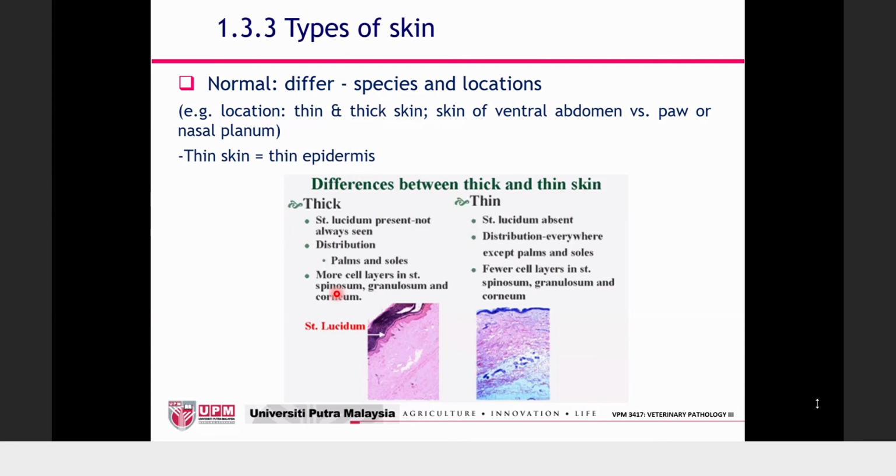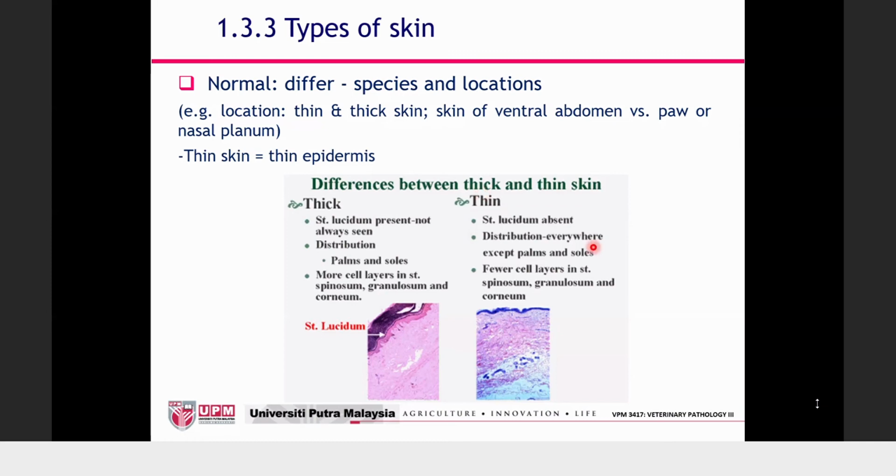Some people say in thick skin there are actually more layers in the stratum spinosum, granulosum, and corneum. But the stratum corneum is definitely thicker in thick skin. Whereas in thin skin, definitely there will be no stratum lucidum.